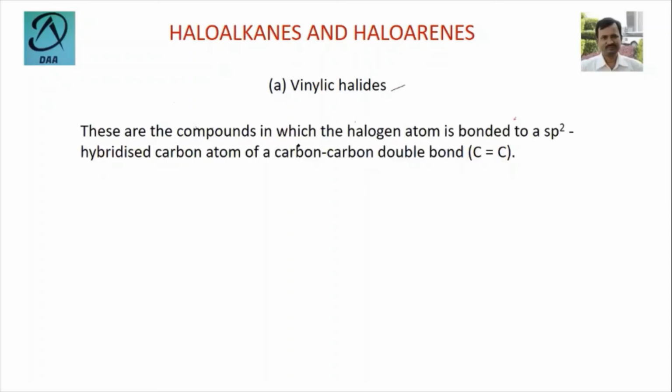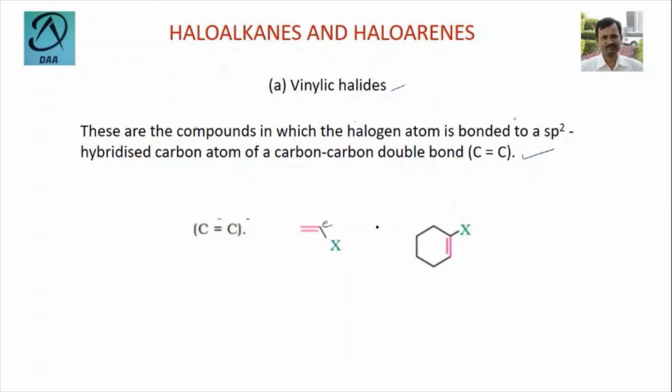These are the compounds in which the halogen atom is bonded to an sp2 hybridized carbon atom of a carbon-carbon double bond. We'll take one example.